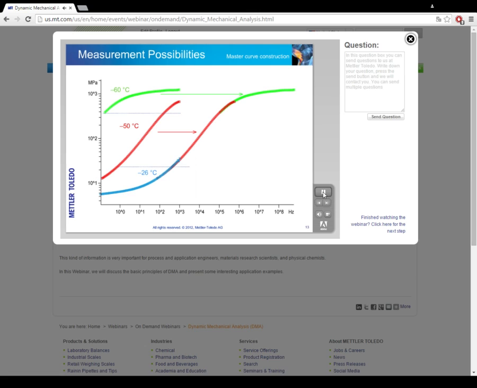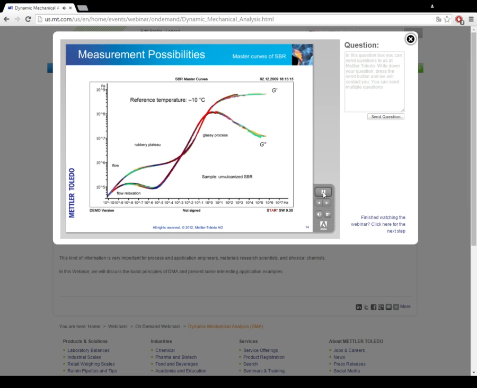The individual isothermal frequency sweep curves are shifted horizontally until the end sections overlap. This is shown by the arrows in the diagram using the three measurements from the previous slide. The master curve increases the accessible frequency range to frequencies that cannot be directly measured. In this example, the reference temperature was -26 degrees Celsius.